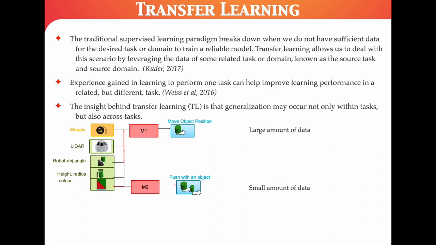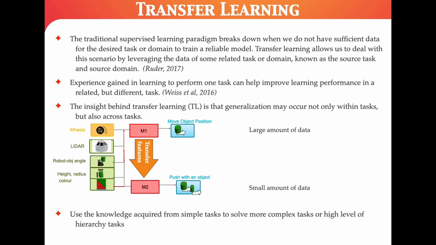Then there's a relationship between these two, and it can use the first model to transfer the features to the second model, which means that to learn the second model, M2, it can use only a smaller amount of data. So we try to look at how we can use the knowledge acquired from simple tasks to solve more complex tasks, or tasks higher in the hierarchy.